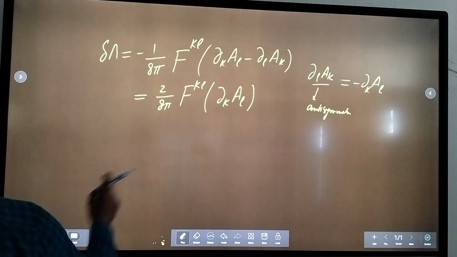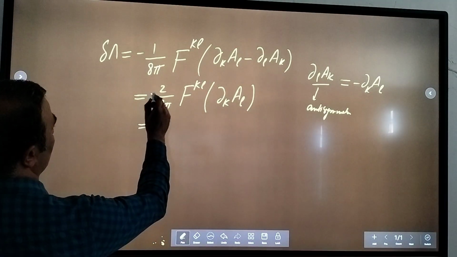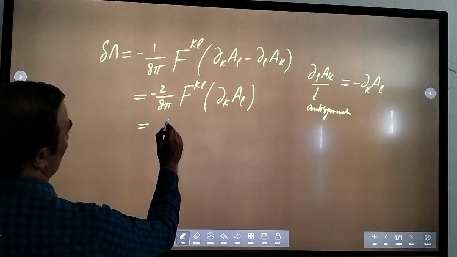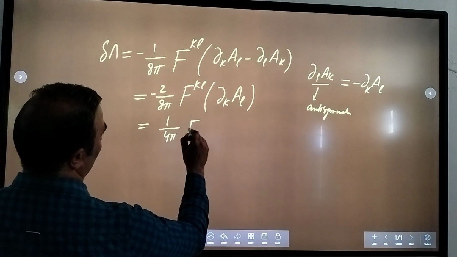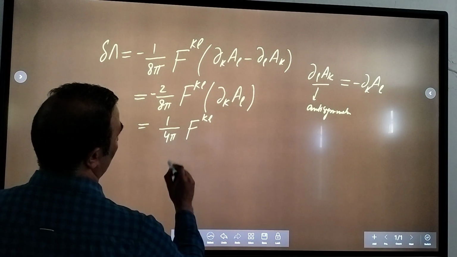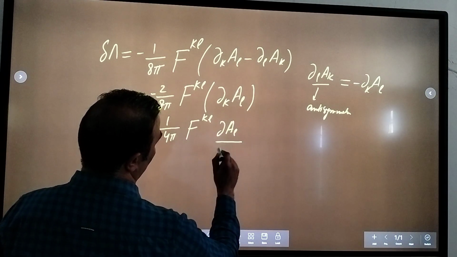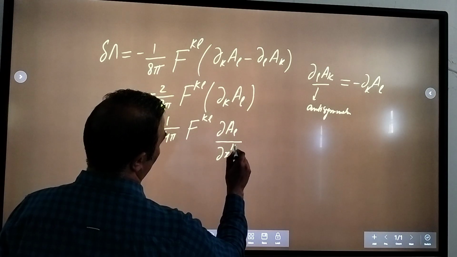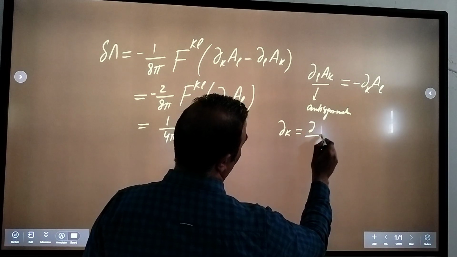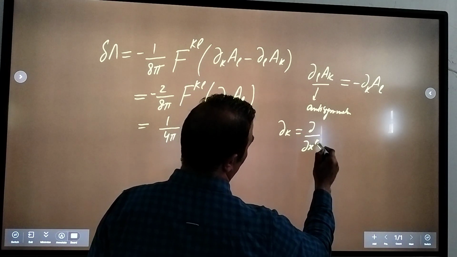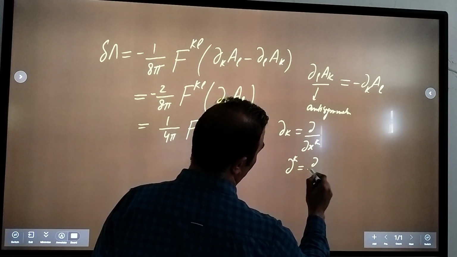So I can rewrite this term as, sorry, this is minus here, so this is 1 by 4 pi F K L, that will be partial A L by partial X K, because I can write partial K as partial upon partial X of K, or if we have contravariant of this, partial upon partial.